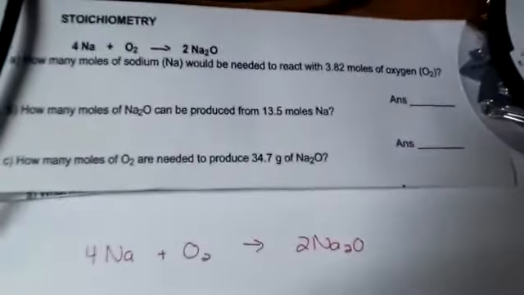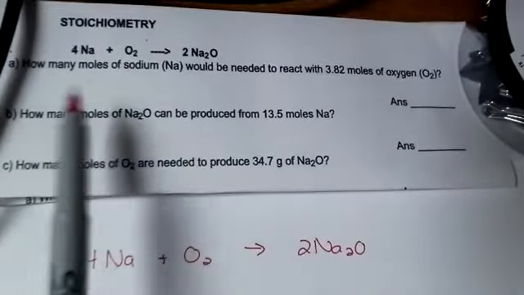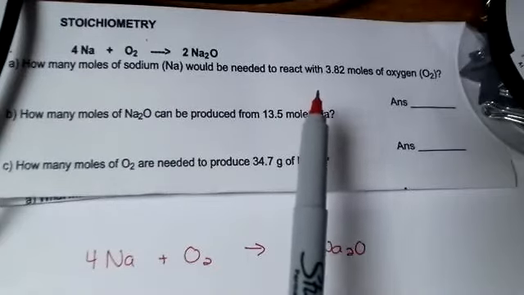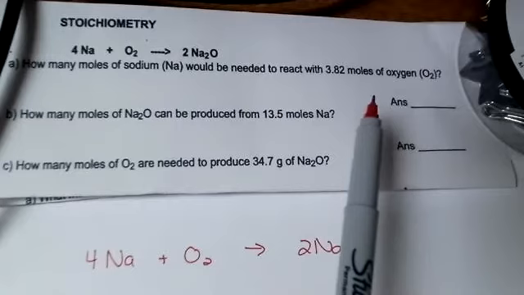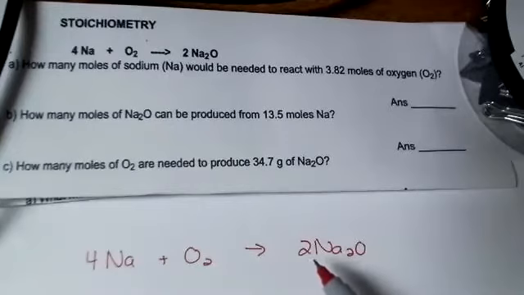Okay, so on this very first problem, they ask us how many moles of sodium would be needed to react with 3.82 moles of O2, oxygen. So I can go in and look at my equation and put in my given and my unknown.